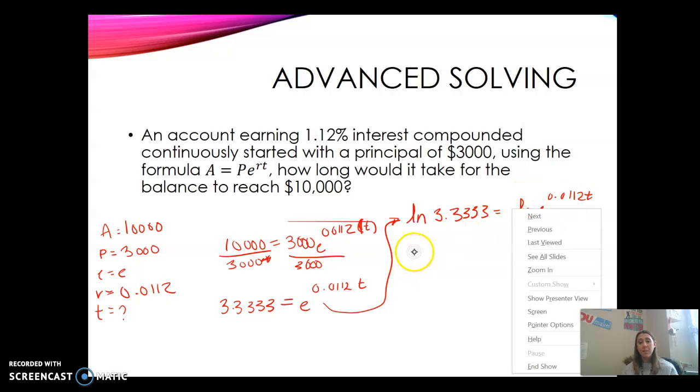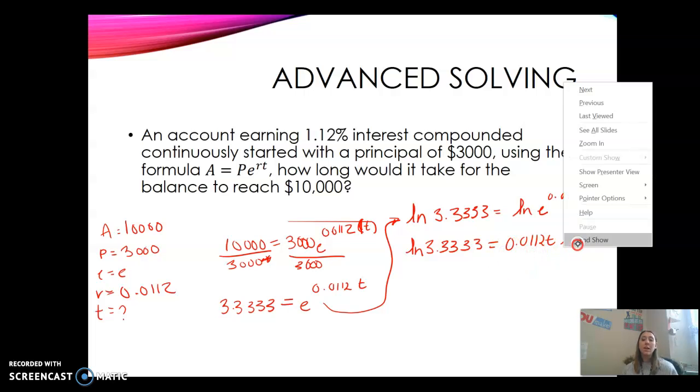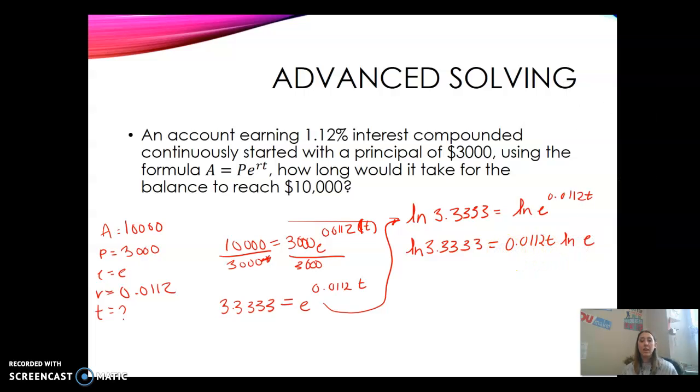Then I can apply the power rule, and I'm going to get natural log of 3.33 is equal to 0.0112 times t times the natural log of e. The reason why we do natural log is the natural log of e is 1. That is just a 1.